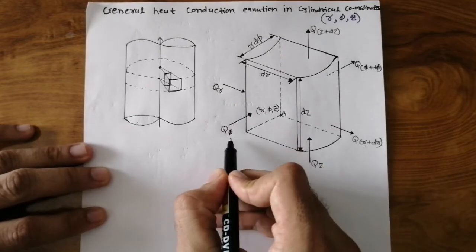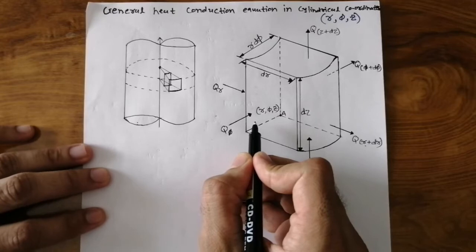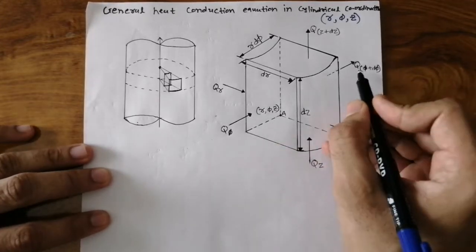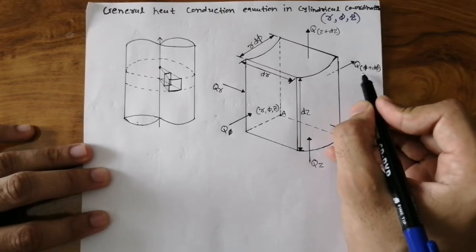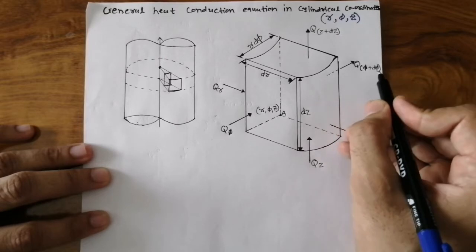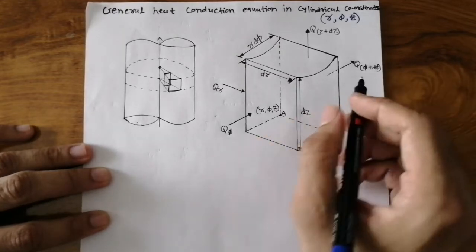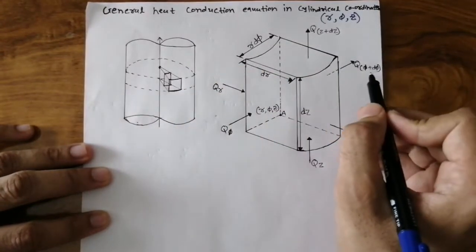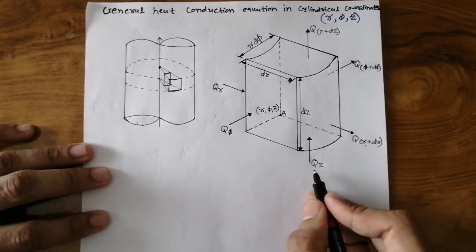Now what is Q phi? Heat flowing into the element in the tangential direction, and Q phi plus d phi means heat flowing out of the element in the tangential direction. Why should we write phi plus d phi? In the tangential direction the thickness of the element is d phi, so we write Q phi plus d phi. Then what is Qz?